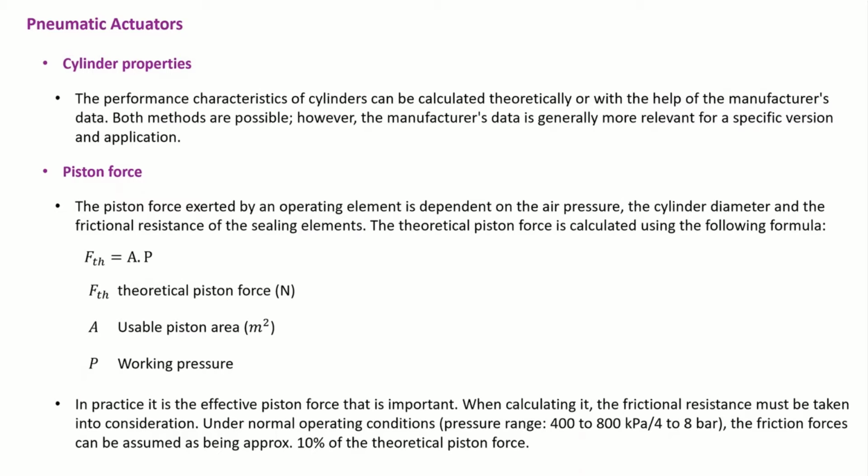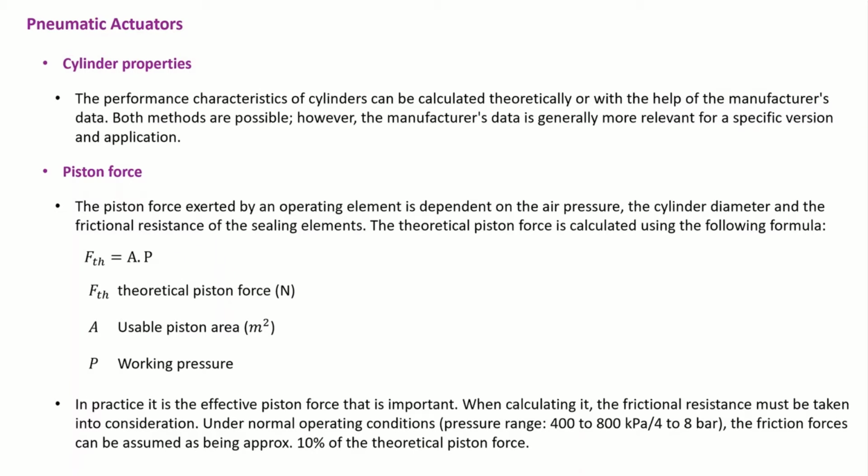So in practice, the effective piston force is important. We are not dealing with theoretical force, we are dealing with practical force available, right? So when we are calculating the force, we have to consider the frictional resistance.